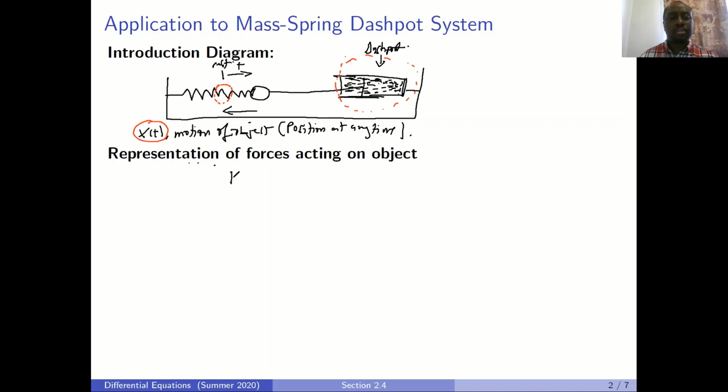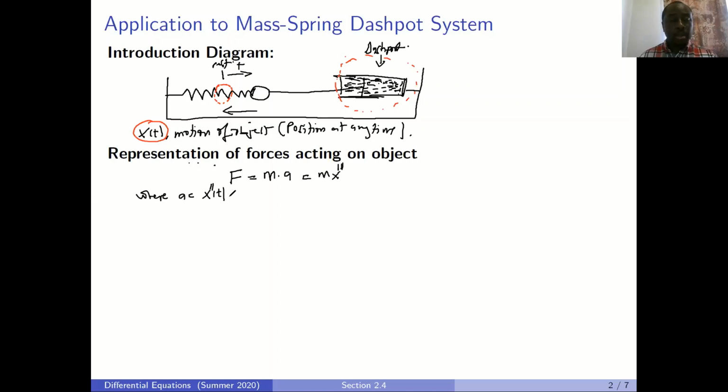That tells us that the resultant of the total force on an object that drives its motion should be equal to the mass of the object times the acceleration of the object, where the acceleration is really the second derivative of position. So this is x''(t), since x is the position of the object at any time t, right? And so my force is really m x''.